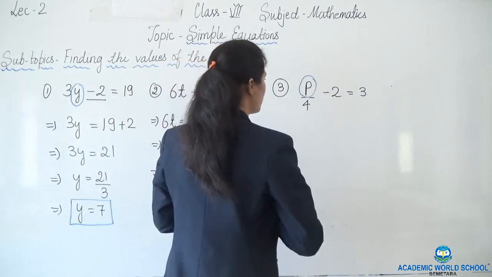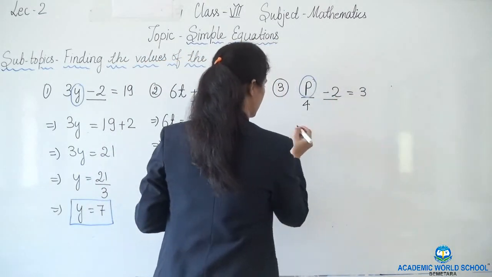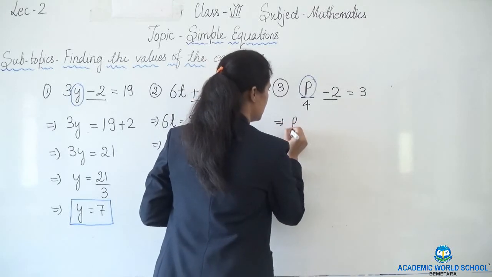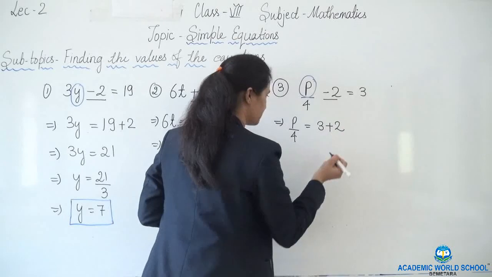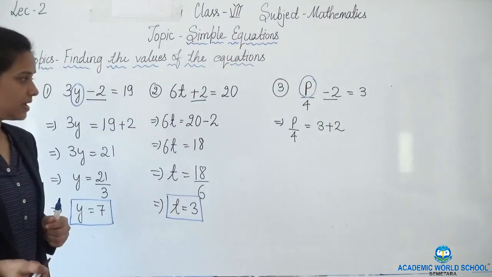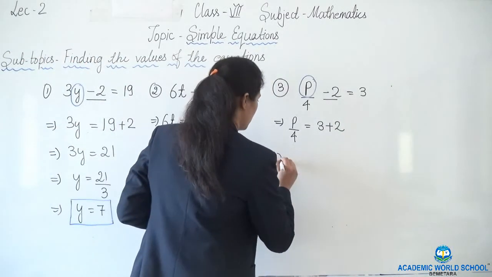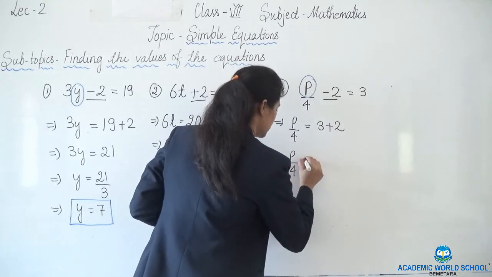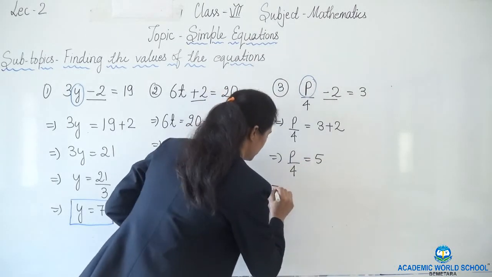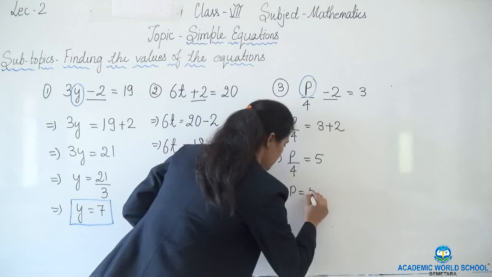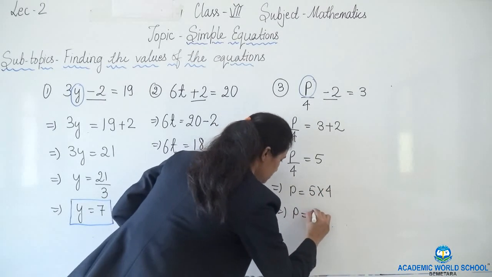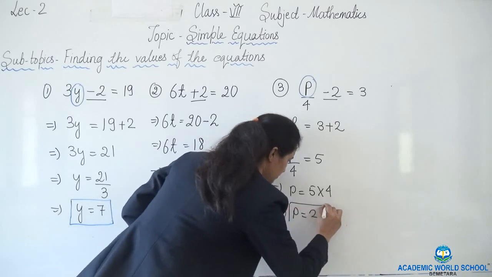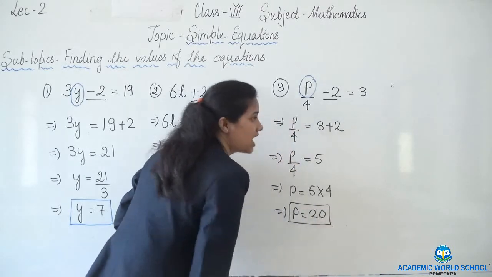So we will remove minus 2 to the other side. So it will become P upon 4 equals 3 plus 2, which is 5. So P equals 5 into 4, and P equals 20. This is our final answer.